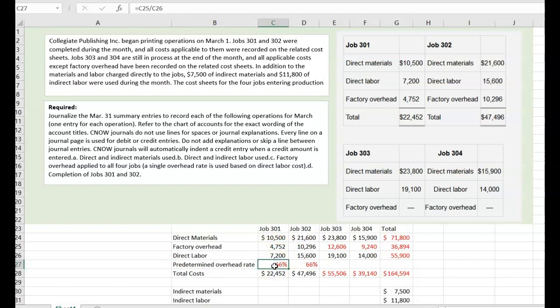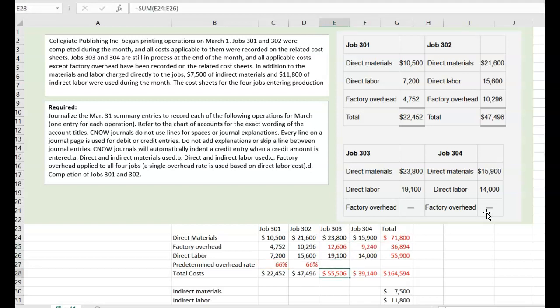Okay, that's that calculation you can see right there. By the way, you can look here or you can look up here to see it. And it was used consistently, so now I know that I've got a 66% rate, therefore I can then just calculate the factory overhead on the jobs where they haven't completed it and we have to add that, right? So if we use 66%, we get those amounts.